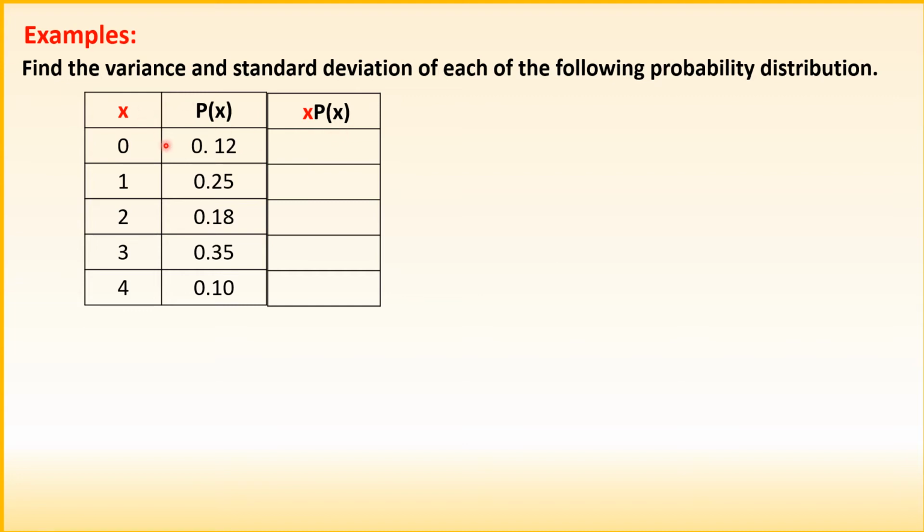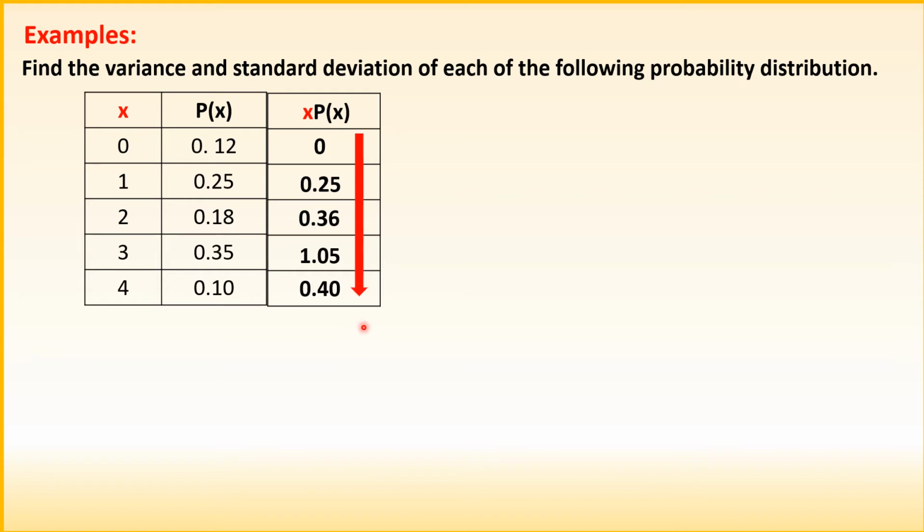So, itong dalawa, let us multiply: 0 times 0.12 is 0. 1 times 0.25 is 0.25. 2 times 0.18 is 0.36. 3 times 0.35 is 1.05. Then 4 times 0.10 is 0.40.